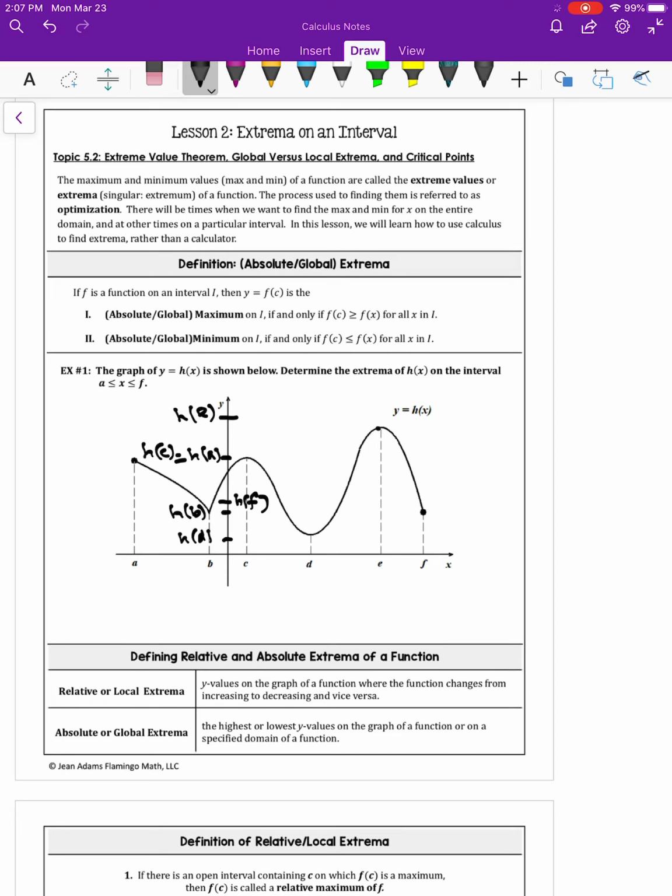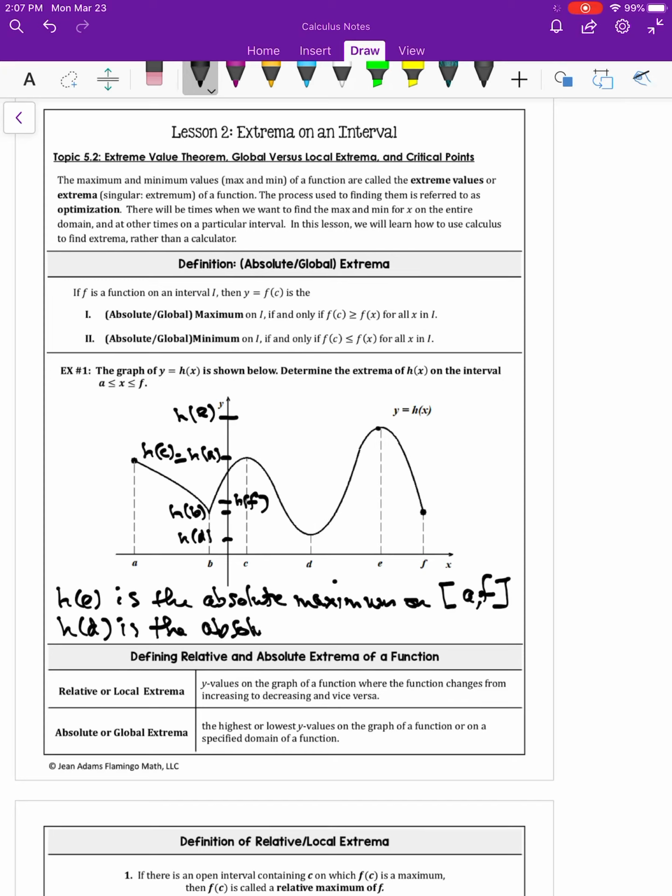So we can see that the highest y value is your h of E. So from here, our h of E is the absolute maximum on that interval, on the interval AF. And that h of d is the absolute minimum on AF.